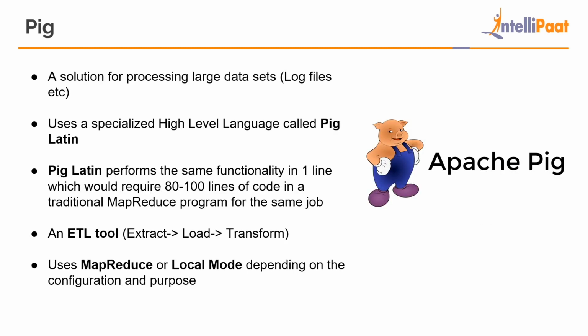Pig is kind of similar in a way too, but it's an ETL tool, which is extract, transform, and load. Pig is basically a way for us to execute very complex programs in just 5 or 6 lines of code. As we can see in the third point over here, Pig Latin is a specialized high-level language. A high-level language basically means that we don't need to know coding as much.